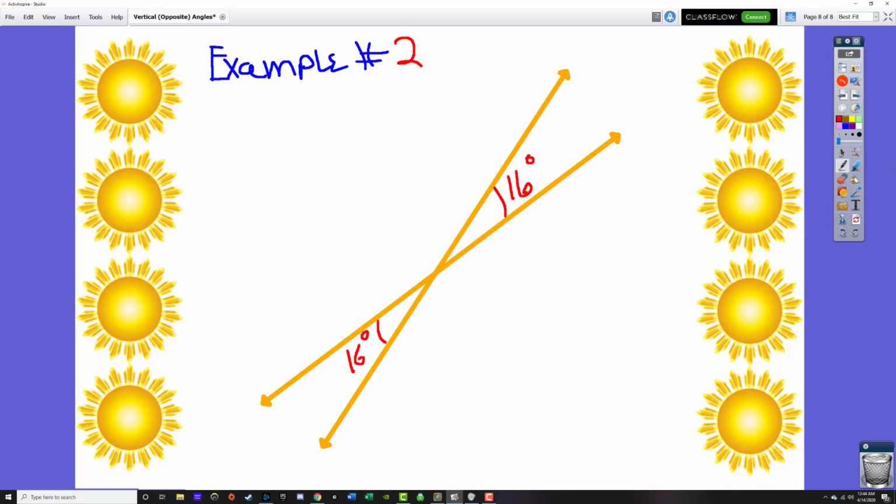There'll be one angle that's given to you, and you'll have to tell me what this angle here is. If this is 16 degrees, well, that means that this is 16 degrees. If this angle here is 122 degrees, then what's the measure of that angle there? It's as simple as that. And we'll kick up the difficulty in the next video.